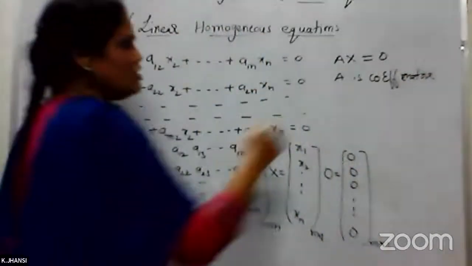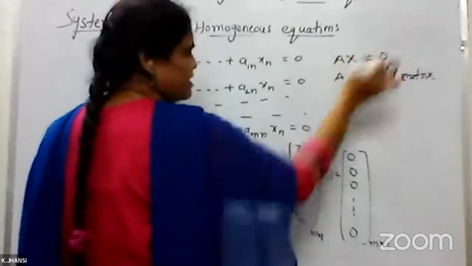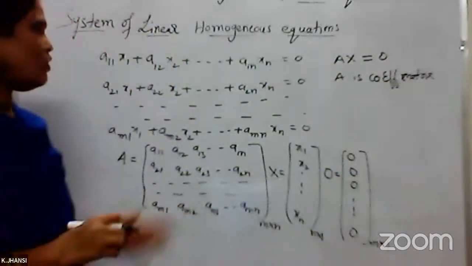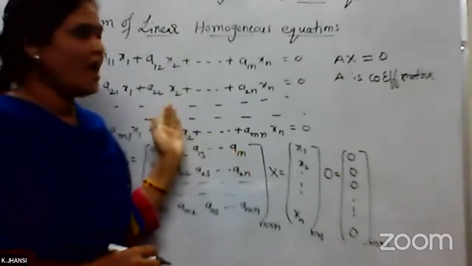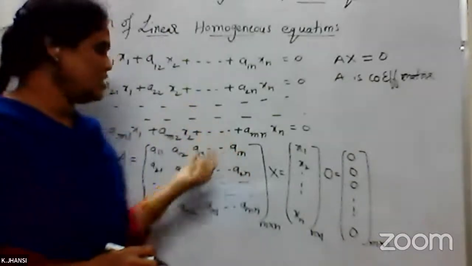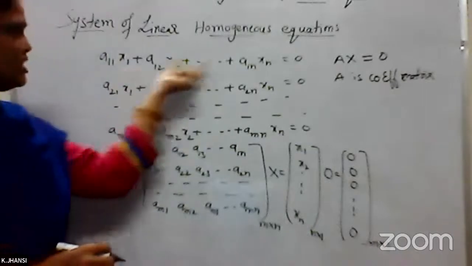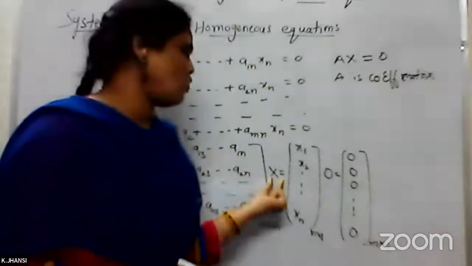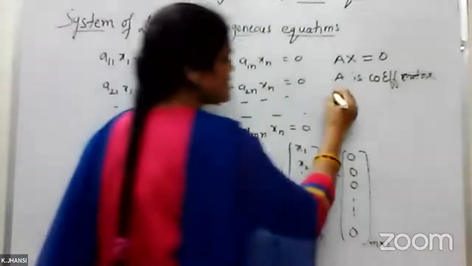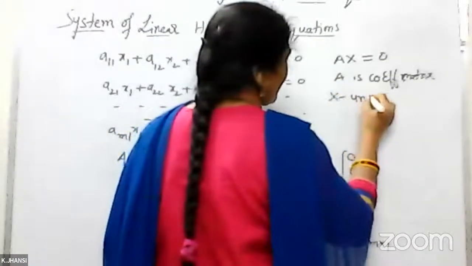Coefficient matrix. Here x is the variable and 0 is the zero matrix. For finding the homogeneous linear equations, there are conditions. First, you will have the equations in this form. From that you have to write the coefficient matrix and the unknowns. This x we call the unknowns.